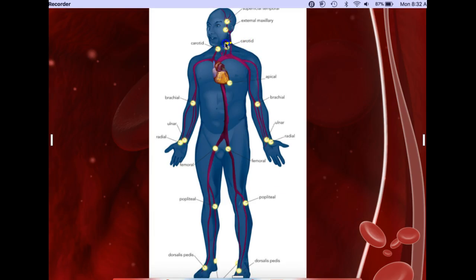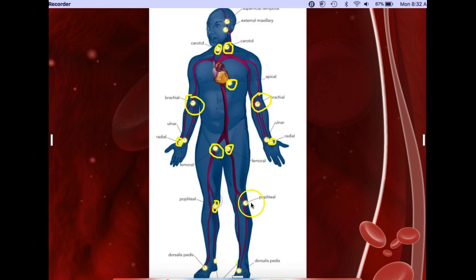So again, we've got central vessels here, which we've already learned. Those are the carotids. You've got your apical pulse here, and now we're concerned about the peripheral pulses. The brachials, which you would have already learned about their location in A and P. We've got the radial pulse right over here on the thumb side. There is an ulnar pulse that is generally not palpated. Femoral pulses right in the groin area.